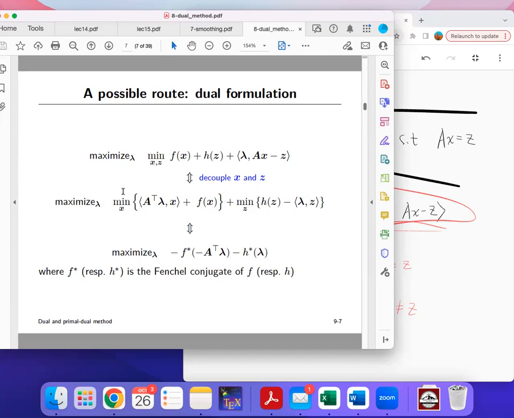Now, if you look at these two minimizations, they are exactly the definition of the conjugate function that we introduced last time.